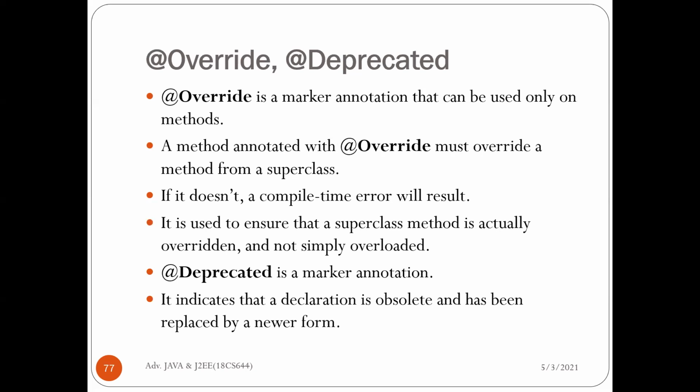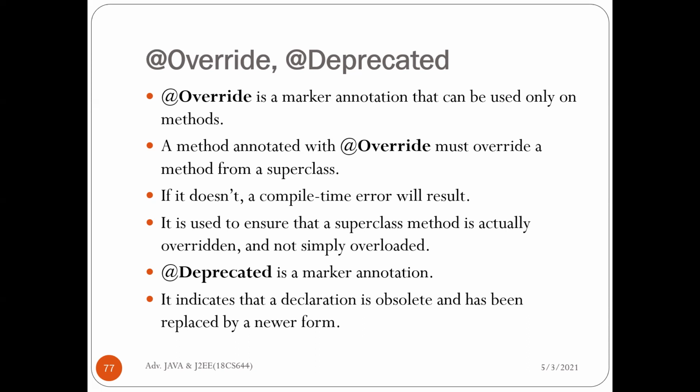Method overriding in Java means that a method in a parent class is redefined in the child class. The same name method will be present in the child class also. That concept we call overriding. If you want to force the overriding, then this annotation can be used.